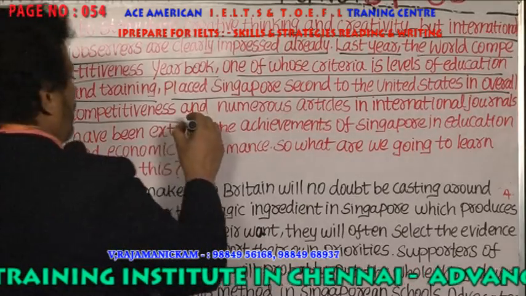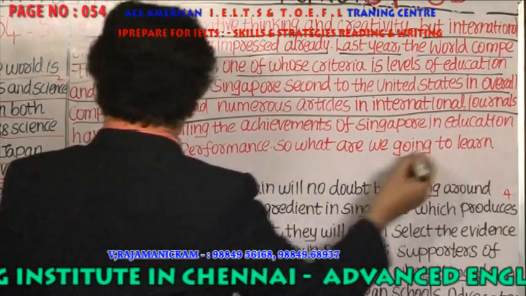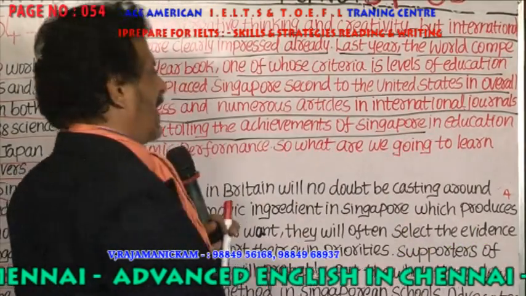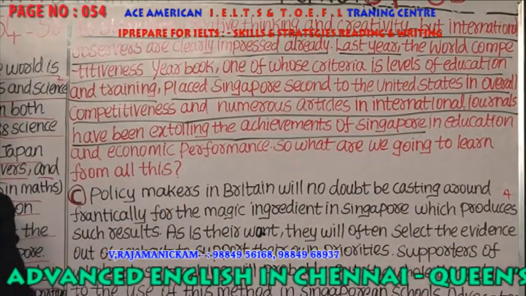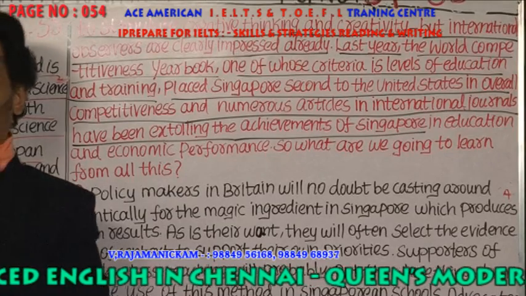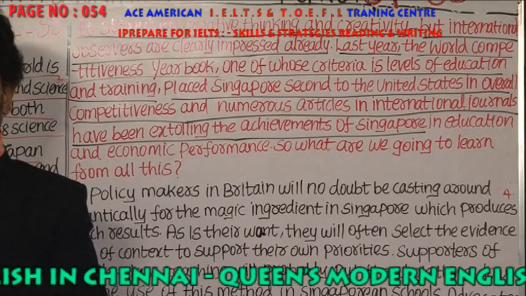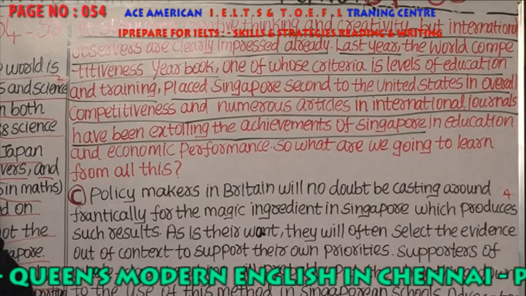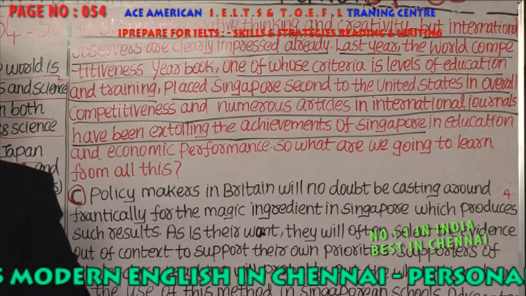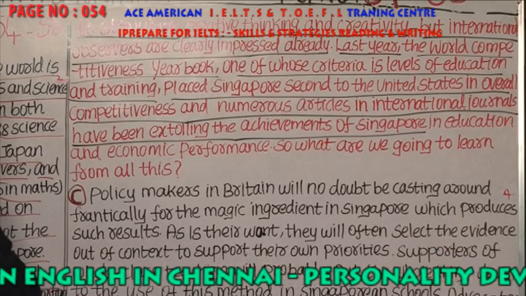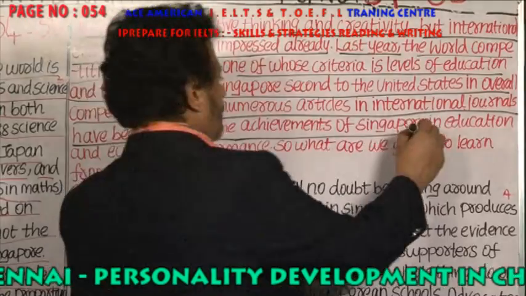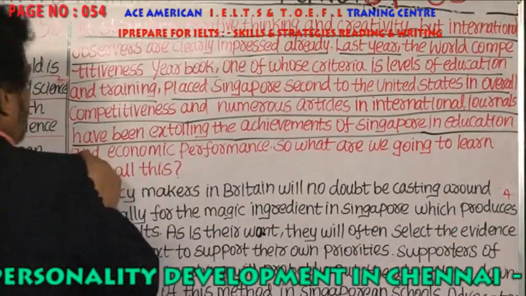And numerous articles in international journals have been extolling the achievements of Singapore. So, a number of articles in international journals worldwide are appreciating the achievements of Singapore in education, and economic performance.